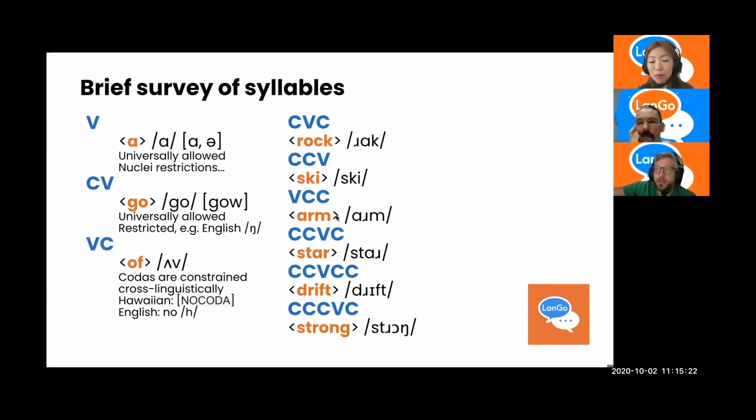The next syllable shape that we have is CV. That stands for consonant vowel again. And this is also, as far as I know, universally allowed for real. I don't know of any language, I've never heard of one that doesn't allow this sort of shape. And you can imagine why this is not only universally allowed, but the most common syllable shape cross-linguistically. There are languages which only allow this shape.